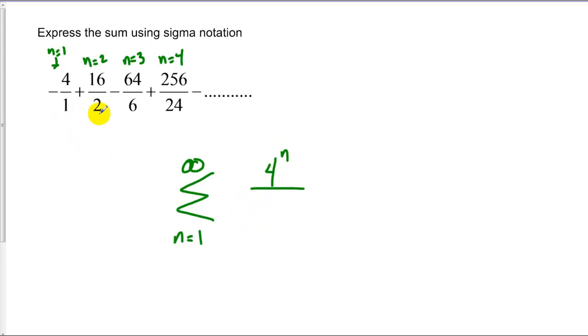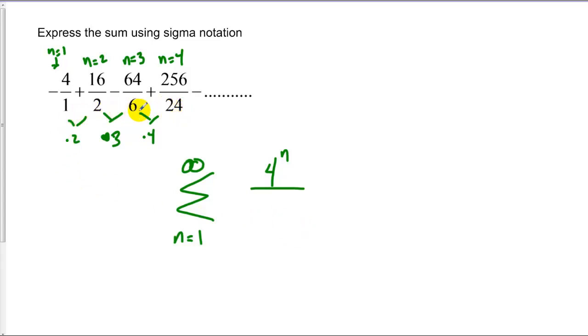The denominator, 1, 2, 6, is kind of tough to see, although I can point out that this is multiplied by 2, multiplied by 3, multiplied by 4, and that, in a sense, is a factorial problem, because this is 2 times 1, 3 times 2 times 1, 4 times 3 times 2 times 1.